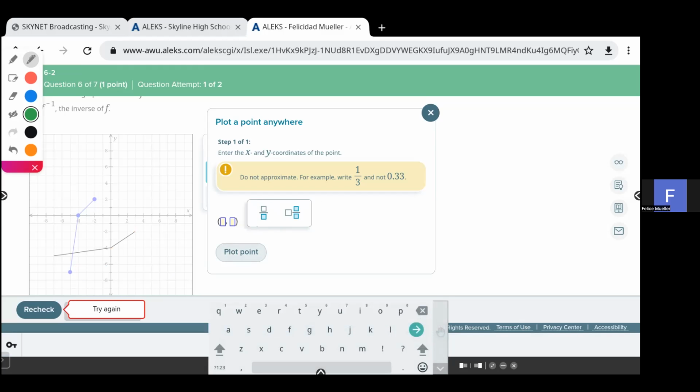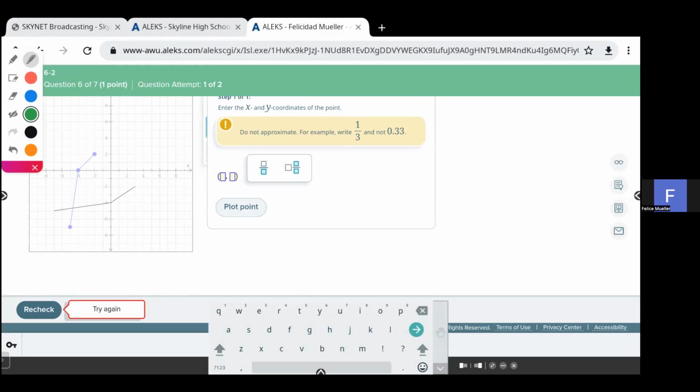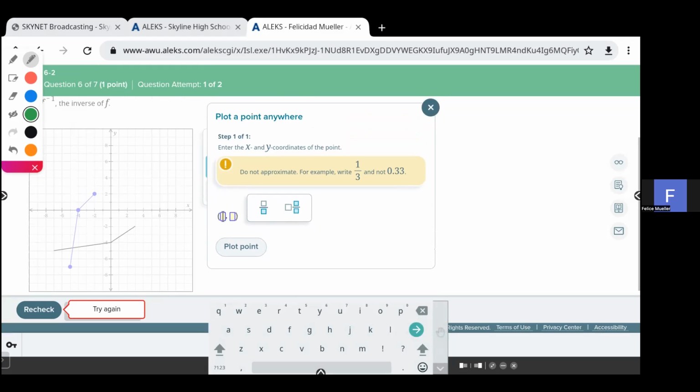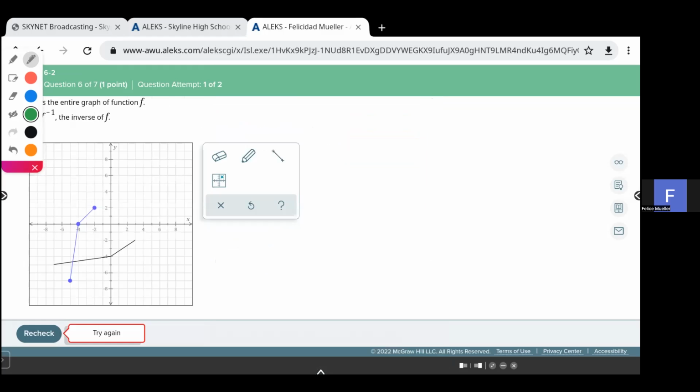I'm gonna plot that point. Hopefully it's there. I don't know if it is. All right. -5, -7.